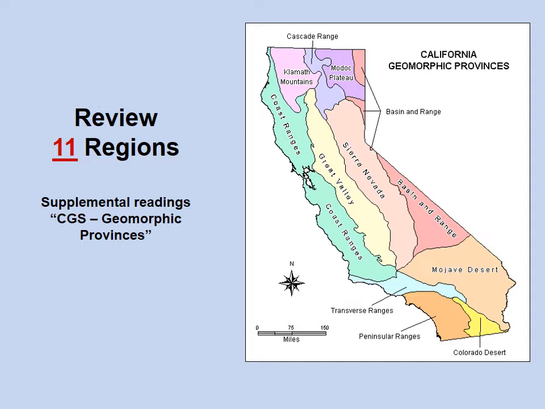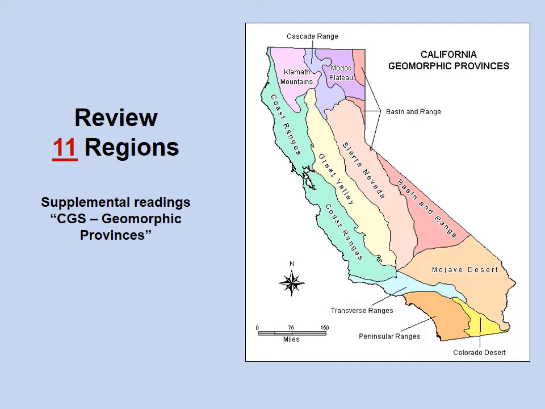So there's a link you can click on there to review, and there's a link in Canvas where you can review the geomorphic provinces. Your assignment this week is partly a journal assignment and just a summary assignment where you're going to be looking at the geomorphic provinces that are in Northern California.